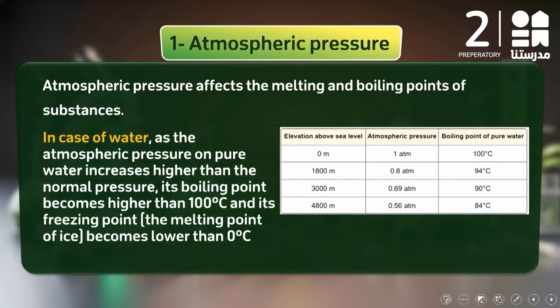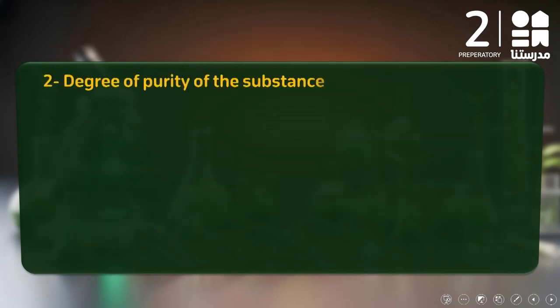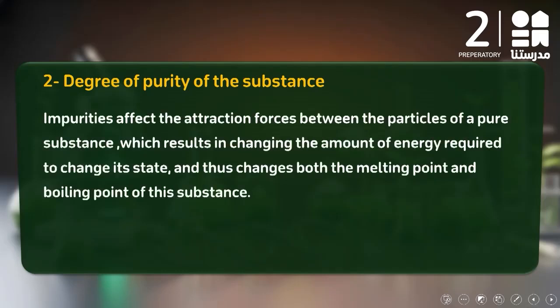In the case of water, as the atmospheric pressure on pure water increases higher than the normal pressure, the boiling point becomes higher than 100 degrees, and the freezing point, the melting point of ice, becomes lower than 0 degrees Celsius. The degree of purity of the substances is the second factor which affects the boiling point and the melting point.